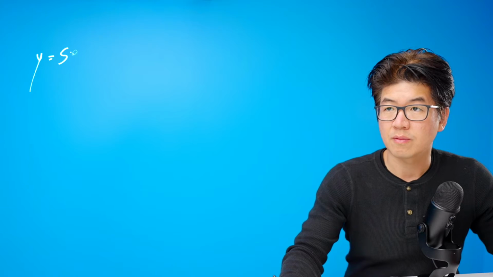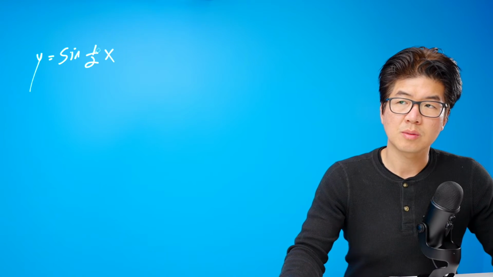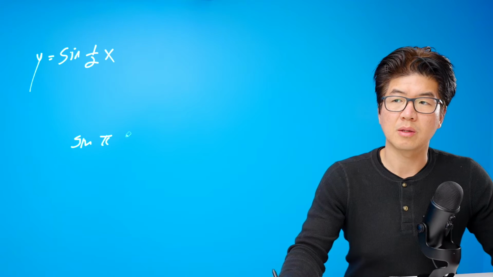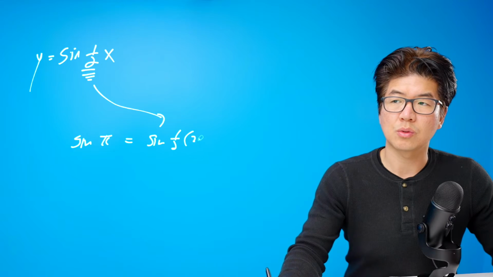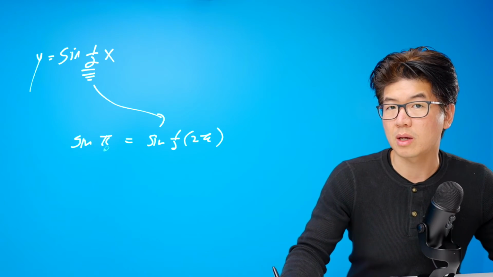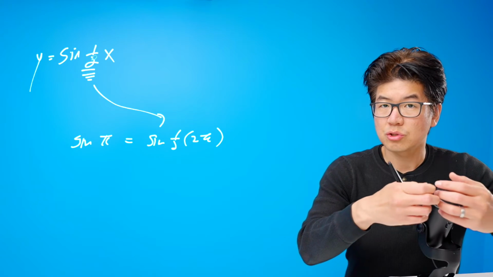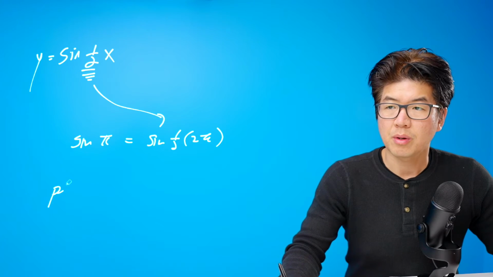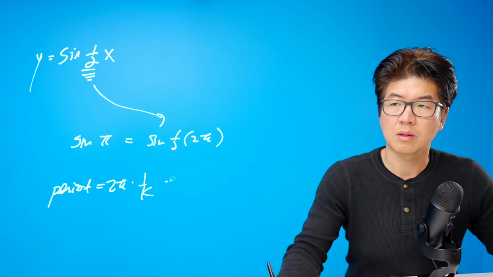Okay, let's see what happens if I have sine of half of x. This number is smaller. So for me to get sine of pi, because of this half, I actually need the x to be 2 pi, so that this will simplify to become pi. So this has an opposite impact. It will actually stretch the graph twice as long. And remember, the period was 2 pi times 1 over k.